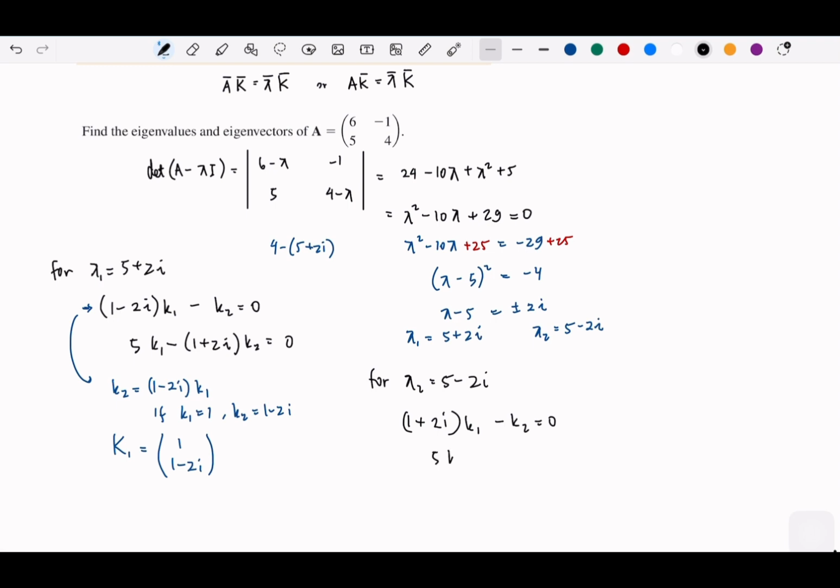The second is 5 k1 minus 1 minus 2i k2. Again, with the same logic, k2 here is 1 plus 2i times k1. So if k1 is 1, then the eigenvector K will be 1 and 1 plus 2i.